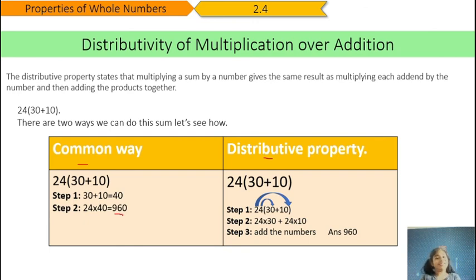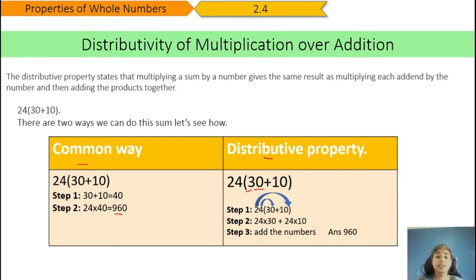Now let's see the distributive property way. We have taken the same example and now let's do it in a distributive manner. Here, instead of adding these two numbers first, we will work with the number outside, which is 24. Now we will multiply all the numbers inside the bracket with 24. First, we multiply 24 into 30.